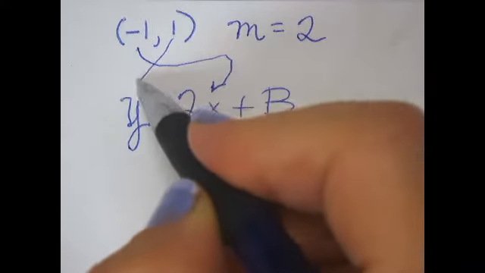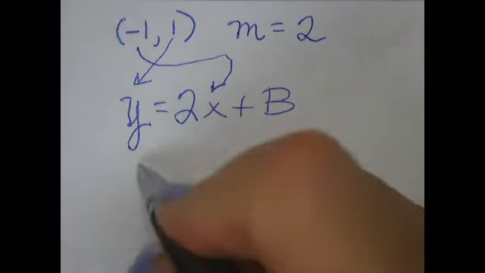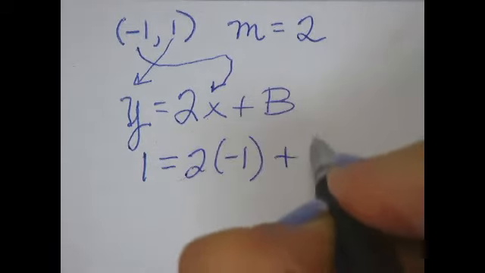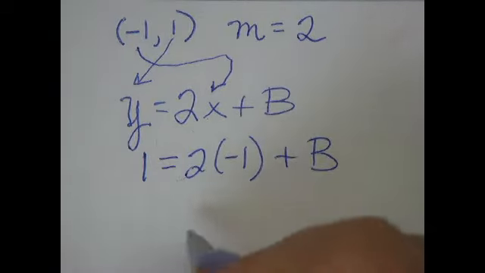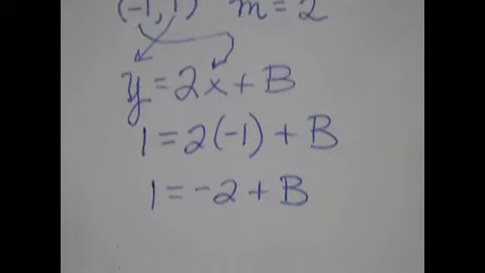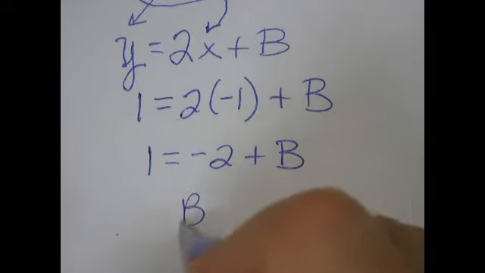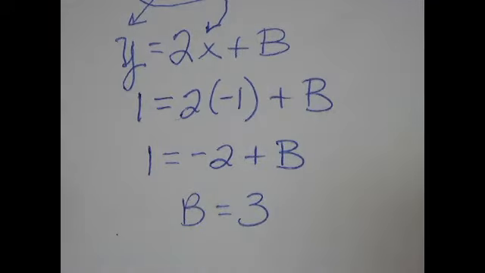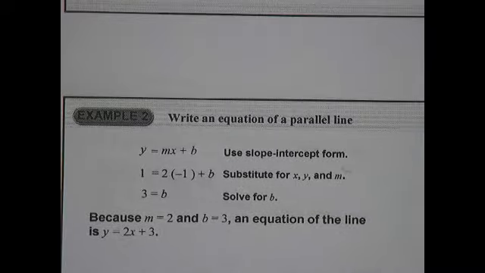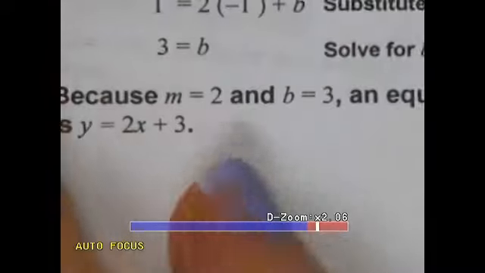And then hopefully you remember from Algebra 1, to find b, we use our given point, and we plug in our x value, we plug in our y value, let me calculate. So 1 equals negative 2 plus b. So in this case, b is going to equal 3.